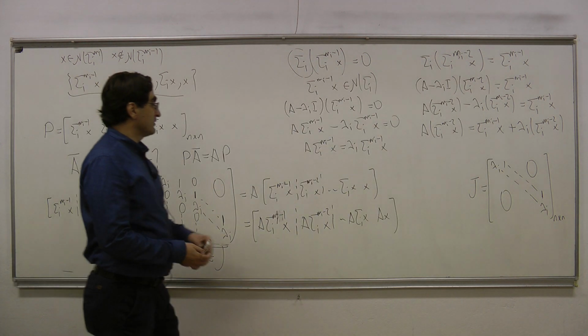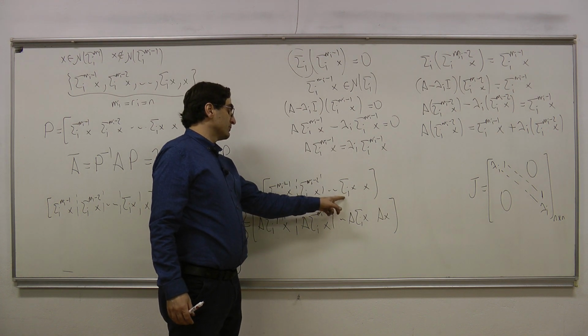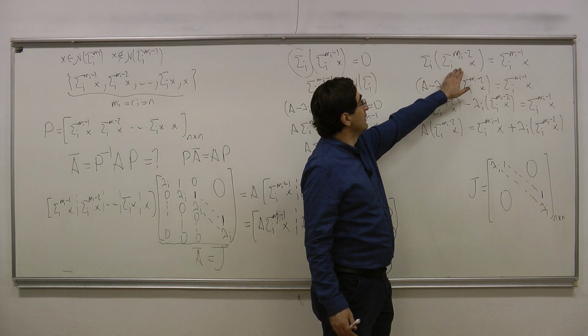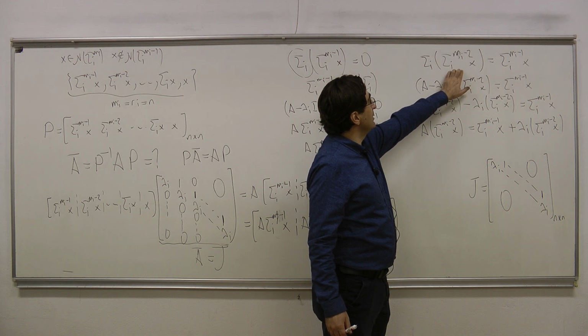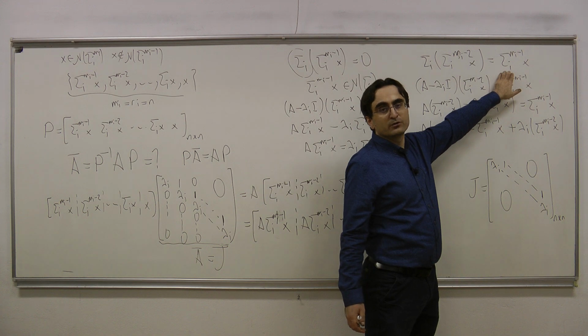Okay, because in the chain, when I multiply any element of the chain with sigma I, I would get the previous element. When I multiply the second element of the chain with sigma I, I would get the first element of the chain.